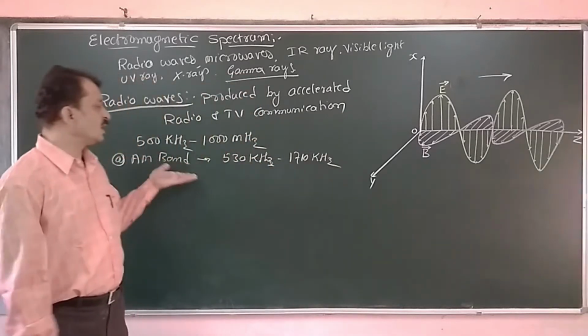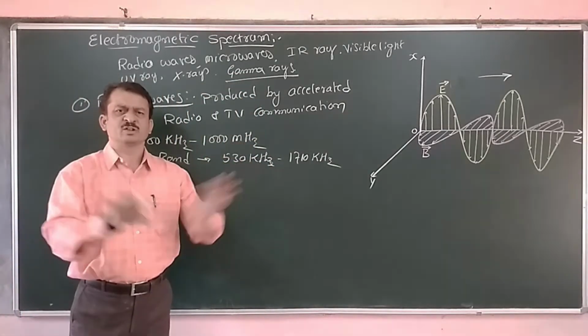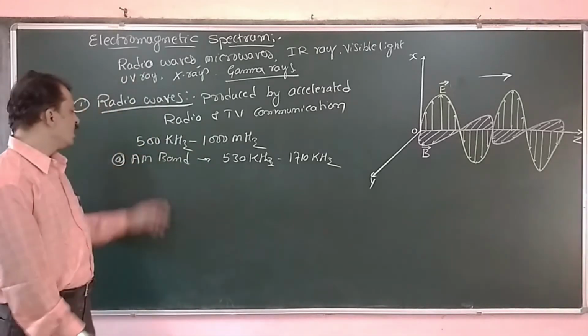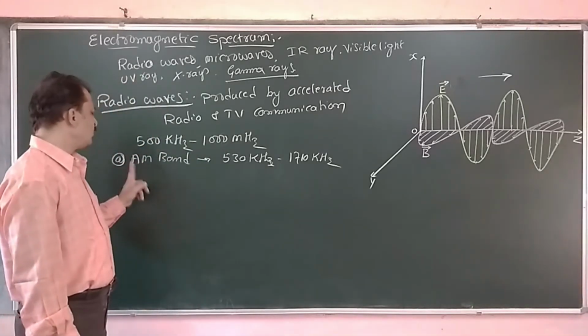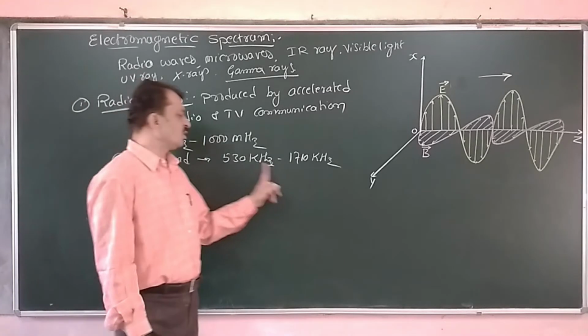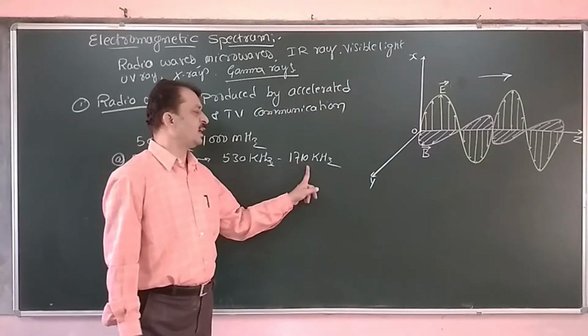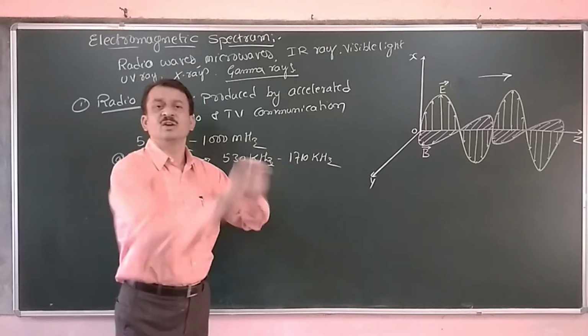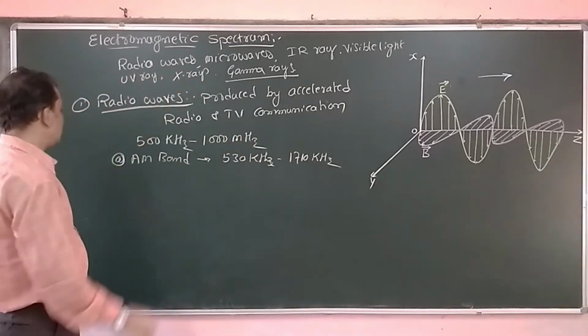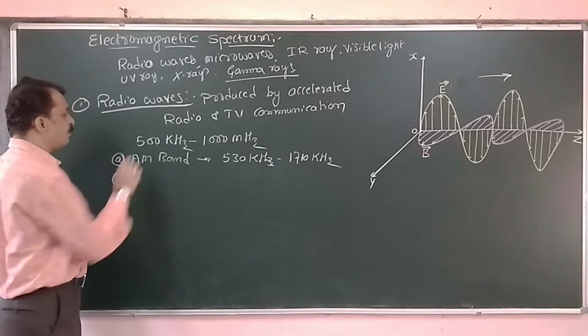If you look at an old radio at home, you will see this range, the AM band of 530 kilohertz to 1710 kilohertz.